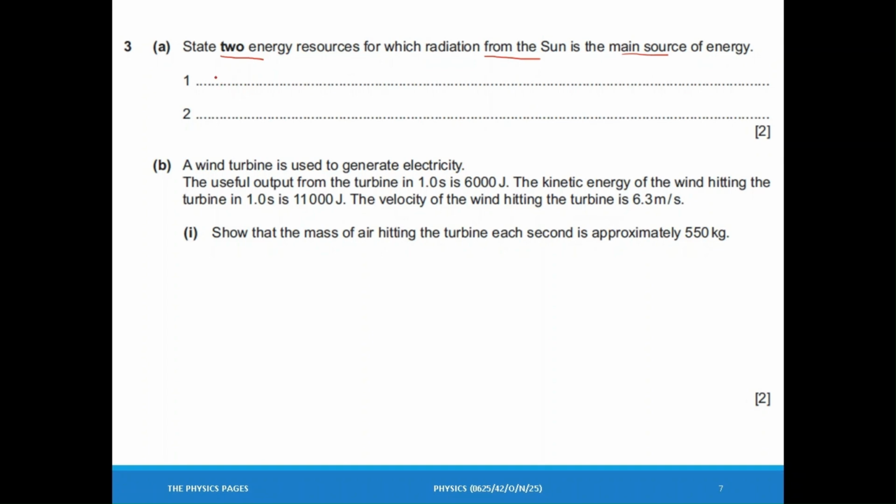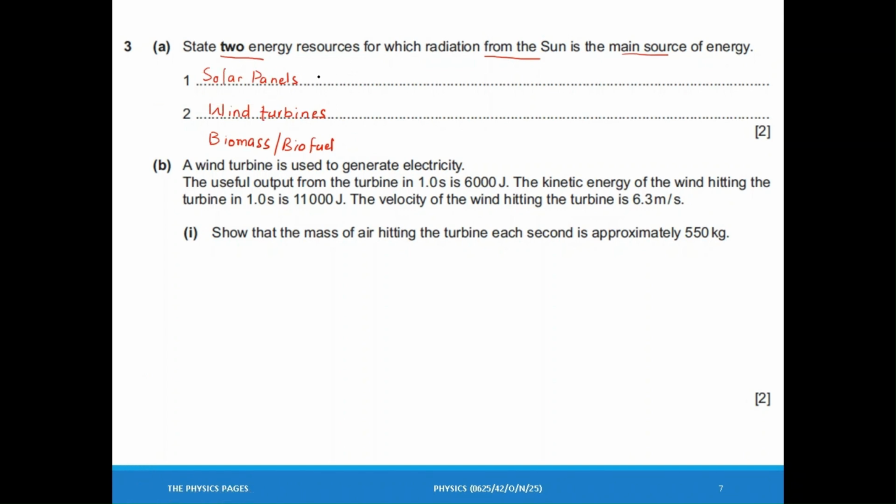There are many sources, like you can say solar panels, also wind turbines, we also have biomass or biofuel. We can use any two of them.